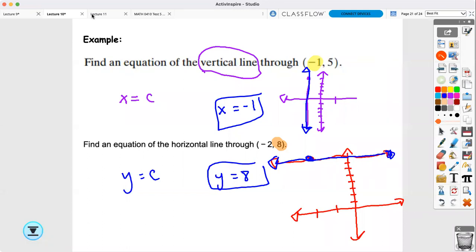The y value is 8, so the formula has to be y equals 8. If you're not entirely convinced, we'll make a graph, sketch the point -2, 8, plot it, and draw a horizontal line going to that point. You'll see that it matches the same y value at +8, thus confirming the equation y equals 8.